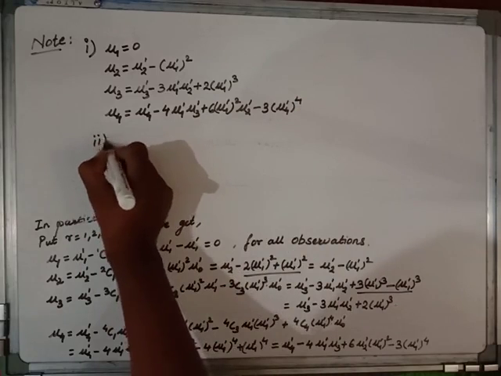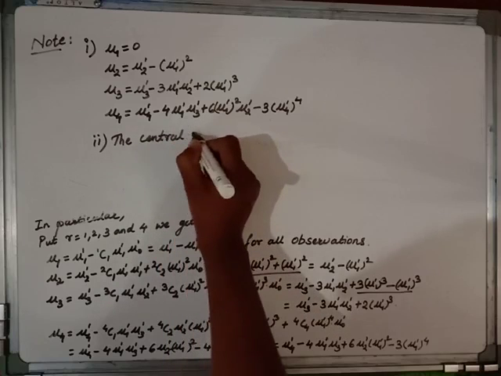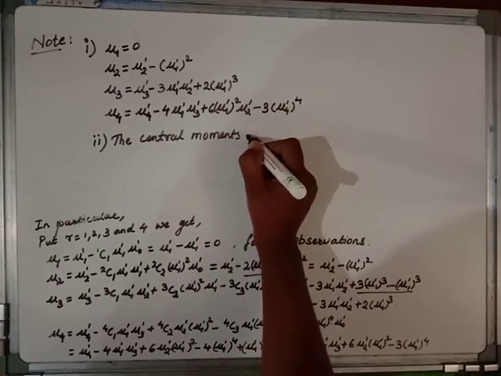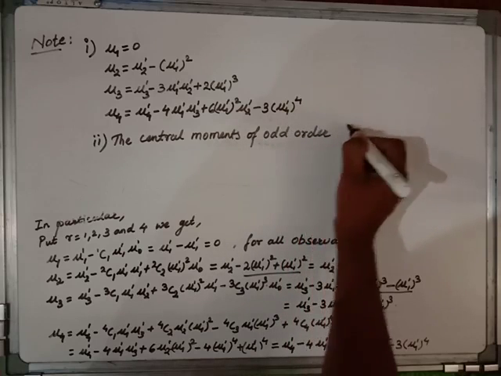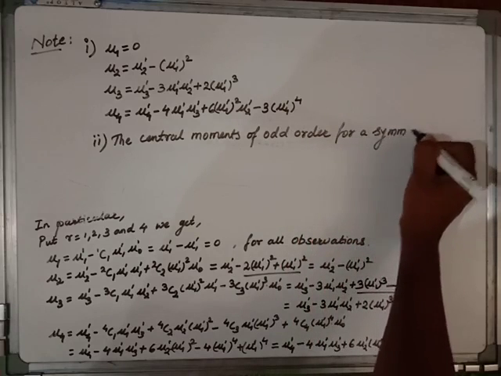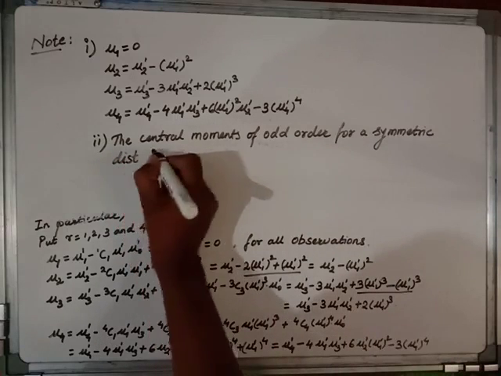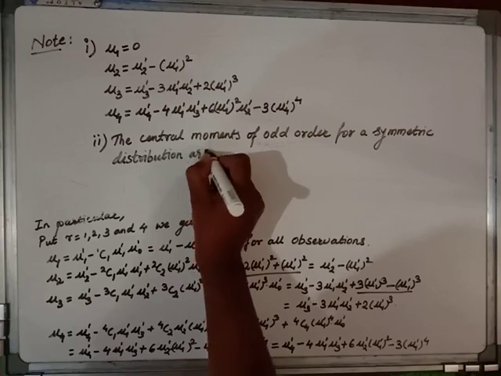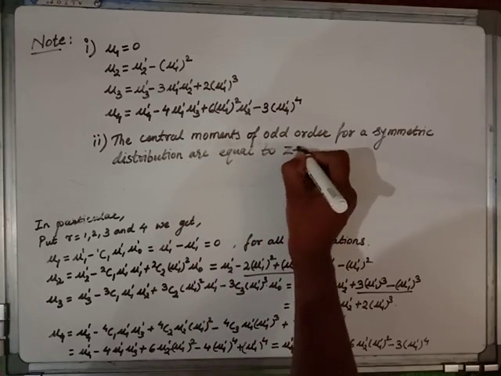Second note, what I say: the central moments of odd order for a symmetric distribution are equal to what? 0.